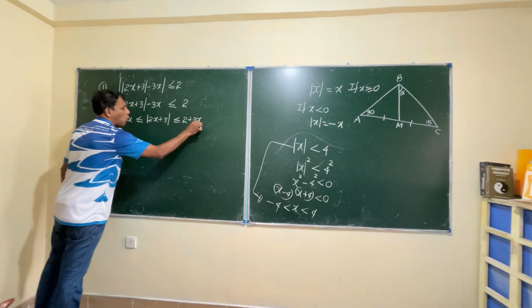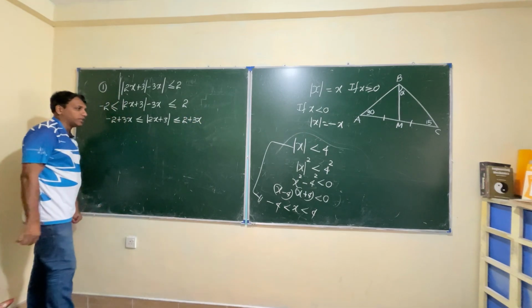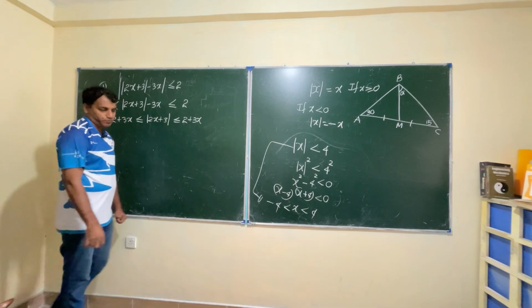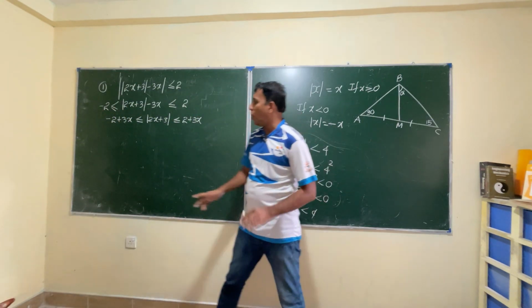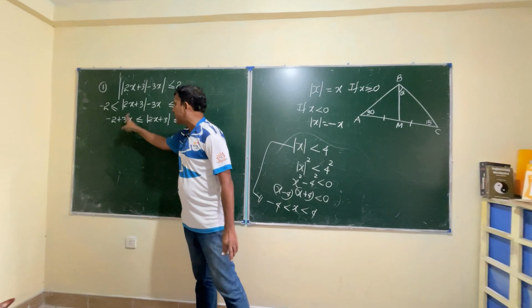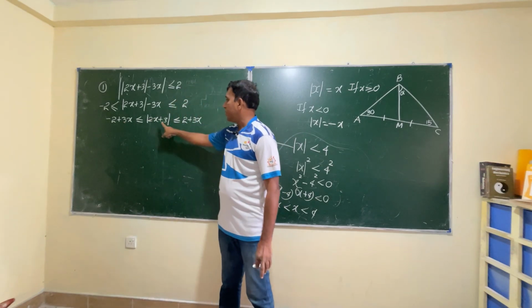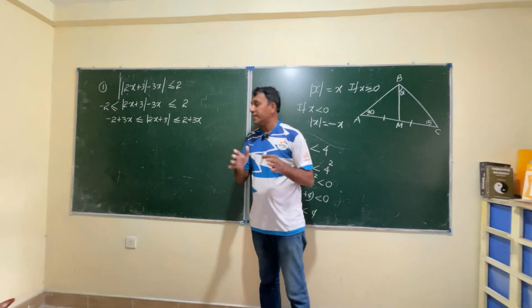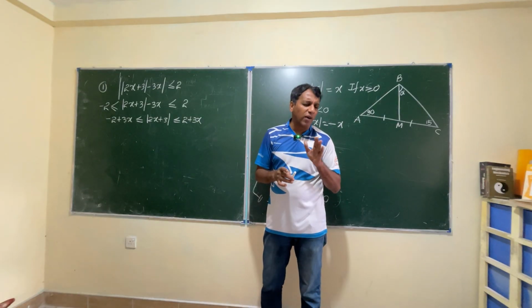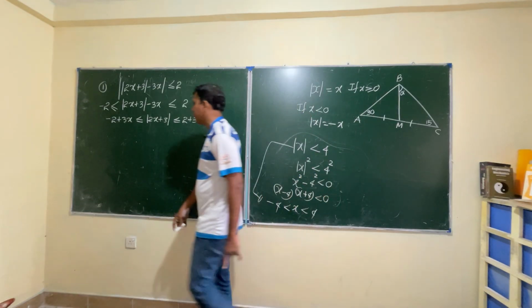Add 3x to all the parts. That's all. Now you see there are two parts of the inequality: this is greater than that, or this is less than that. Now I break the parts and consider one by one to get the final solution.